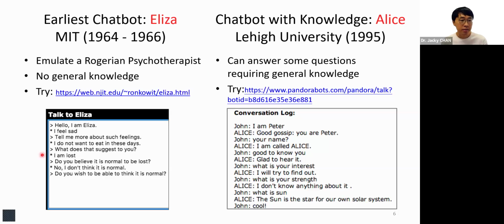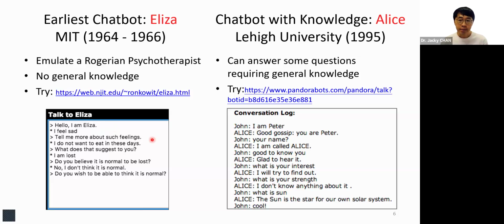For example, you can see the conversation here. You start with Eliza. Hello, I am Eliza, and it tries to greet the user. And then the user says, okay, I feel sad. Then we take a look at the response from Eliza. Eliza says, okay, tell me more about such feeling. So you will see that it is quite general.